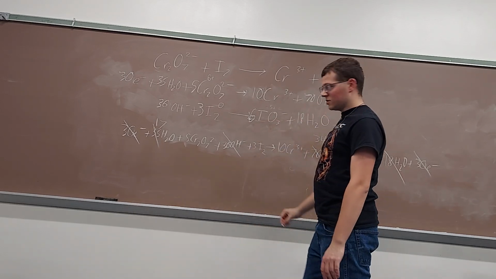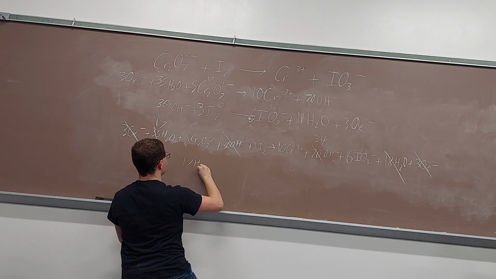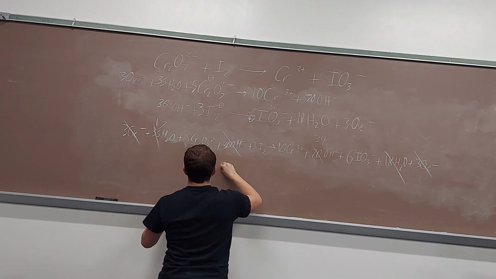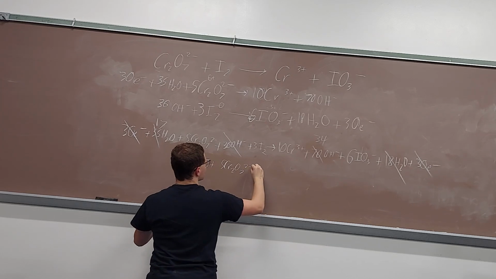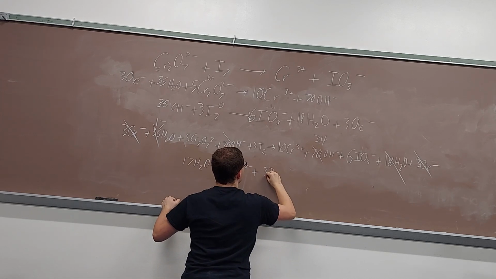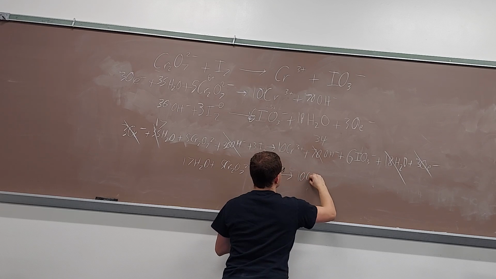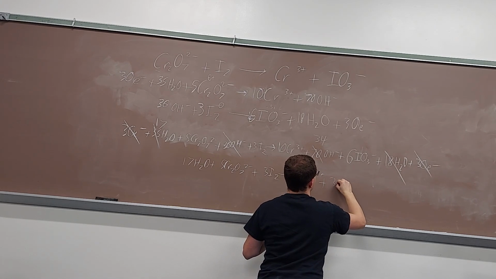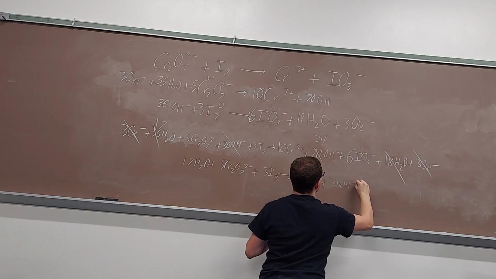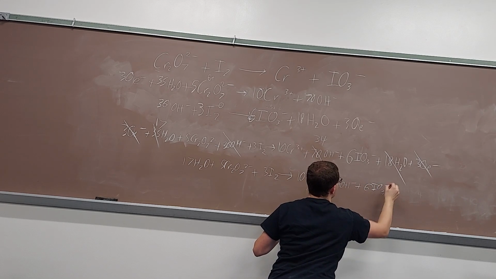Which means our final is going to be 17 H2O plus 5 Cr2O7 2 minus plus 3 I2 gives us 10 Cr3 plus 34 OH minus plus 6 IO3 minus.